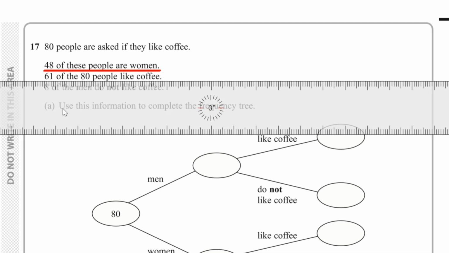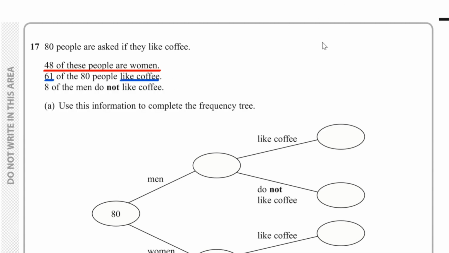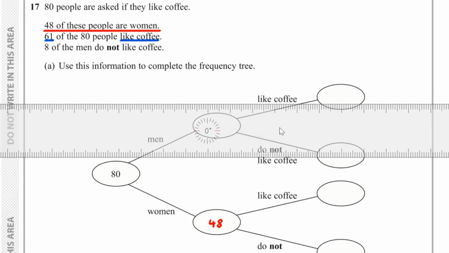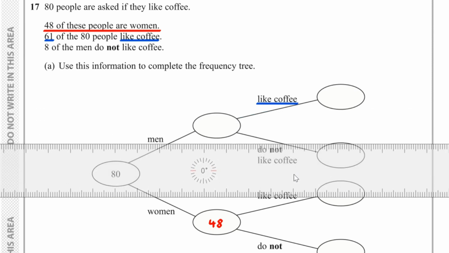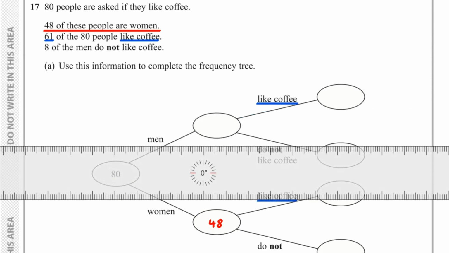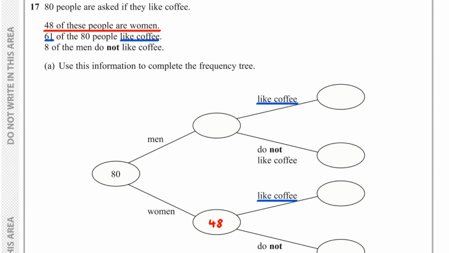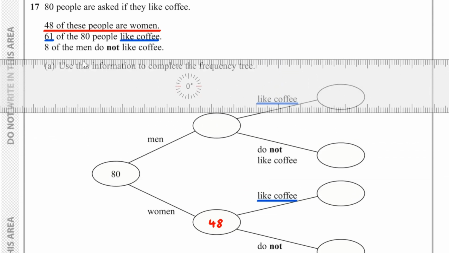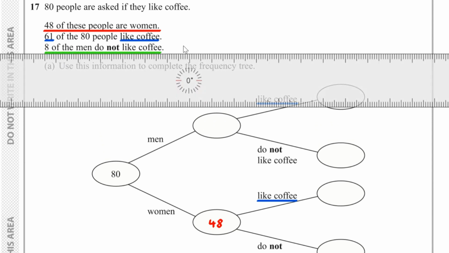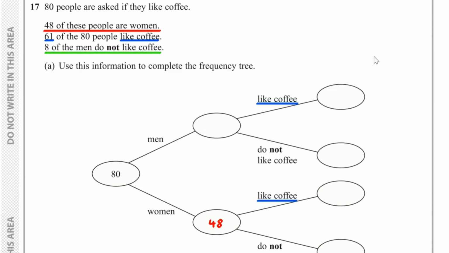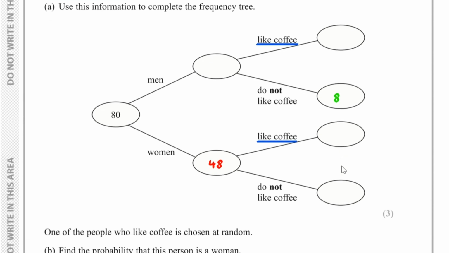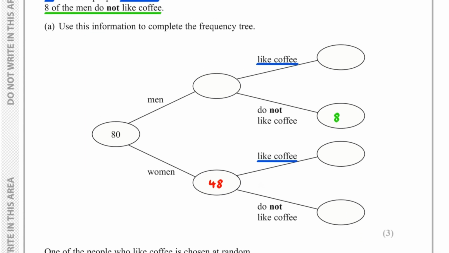So the total for liking coffee is equal to 61. And then it says 8 of the men do not like coffee, so 8 goes here. So what we need to do is fill in the missing boxes.